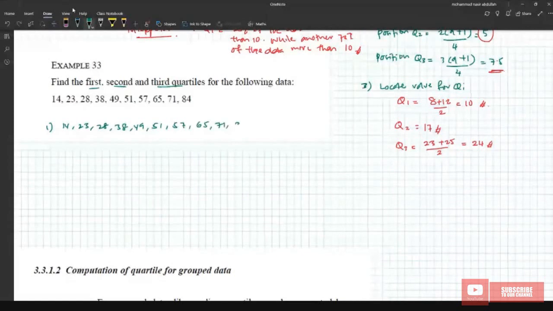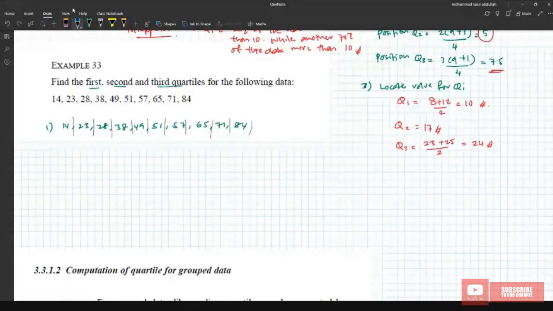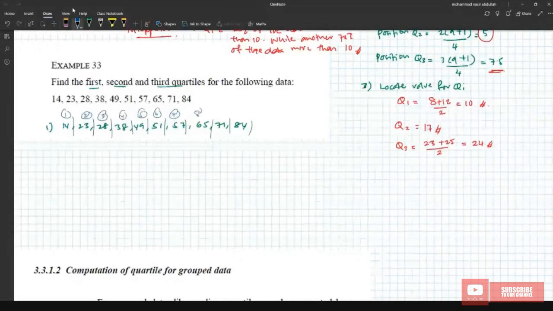So my style, I would position each of the data. So this is position number 1, 2, 3, 4, 5, 6, 7, 8, 9, and 10. So we know that we have n equal to 10.